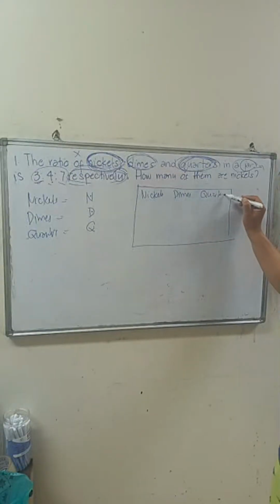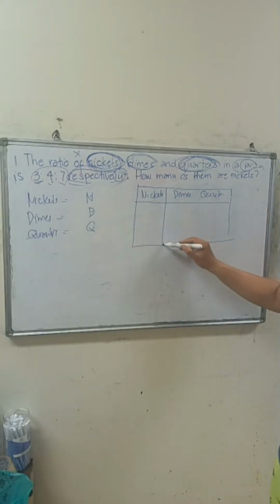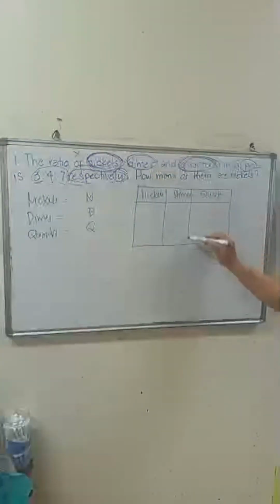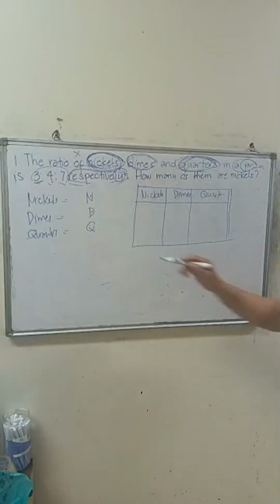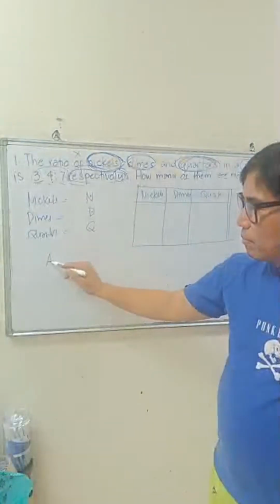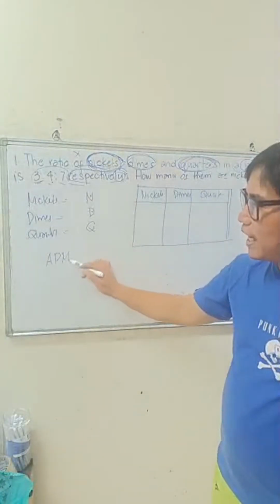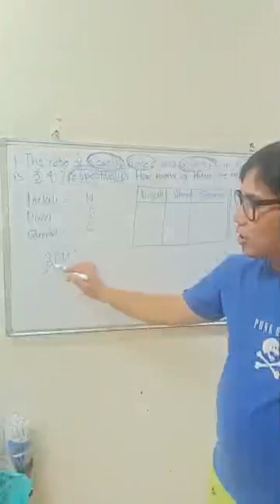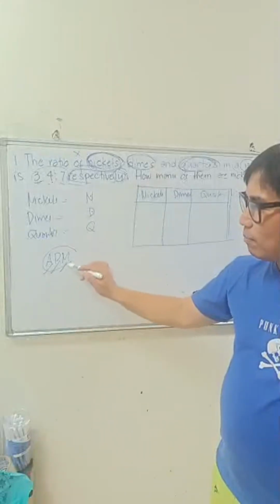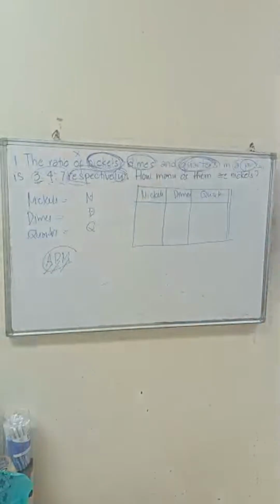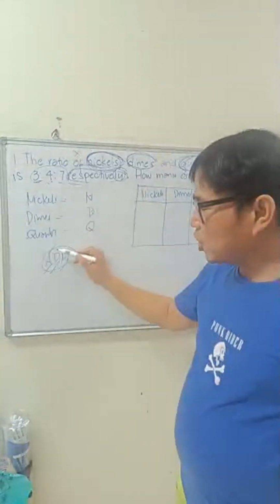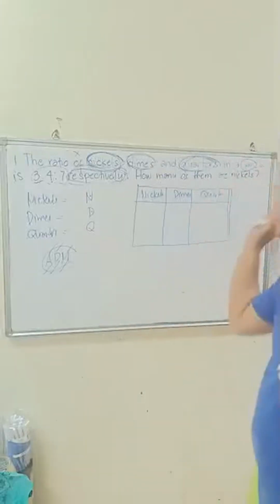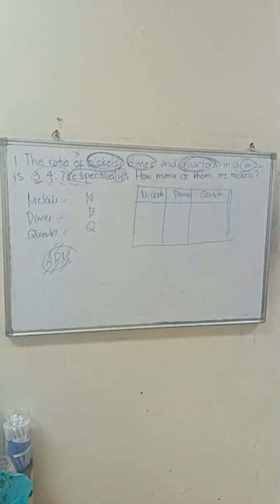Now, since this is partitive proportionality, what is the requirement? ADM. Memorize the ADM technique for partitive proportionality only. This is addition, division, multiplication. You will never forget it until we die. Addition, division, multiplication. I'm going to show why it became ADM.